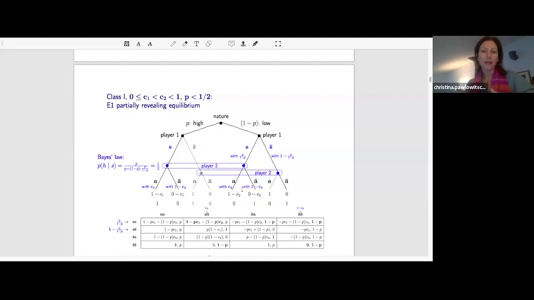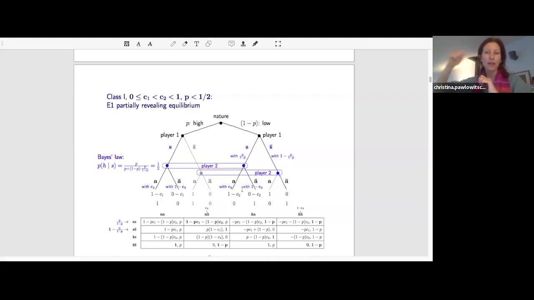So the probabilities with which the low type uses the costly signal. Remember, the high type always uses the costly signal, and the low type with some probability. And this probability is exactly such in equilibrium that when player two observes the signal, her updated probability that player one is of the high type goes up to that critical value, which is 1/2.